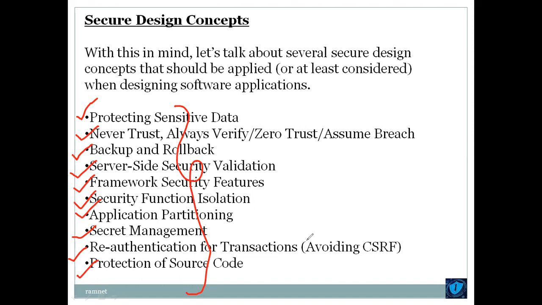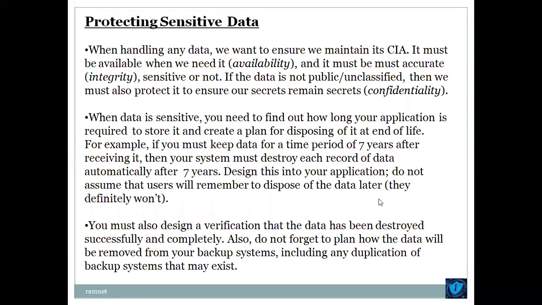First, we'll be talking about protecting the sensitive data. What is sensitive data? We'll go to the next slide. Protecting sensitive data. We have to talk about the CIA triad. What is that? Confidentiality, integrity, and availability.